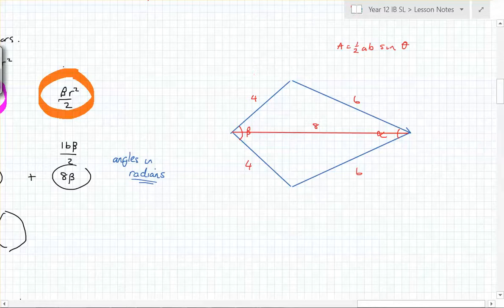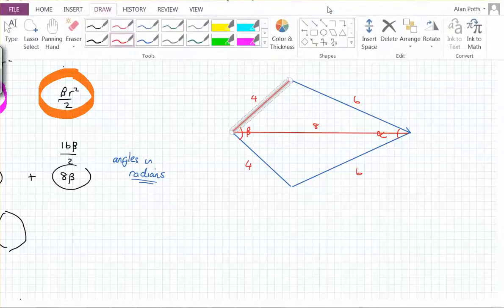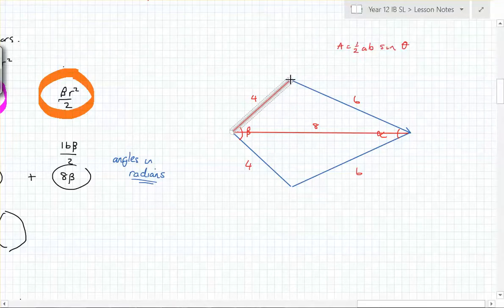Well, I'm thinking what I'm going to do is work out this triangle. It's not a right-angled triangle, but I do have all 3 sides, and therefore I could work out the angle. I don't know the angle yet.